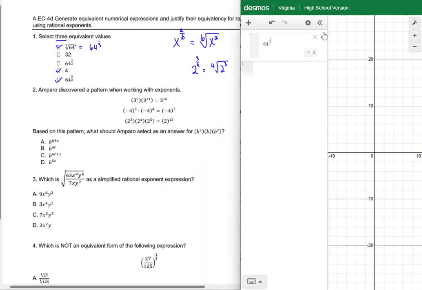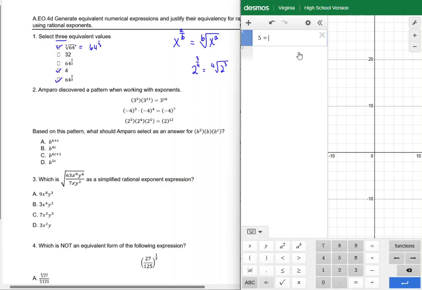That's where this 16 came from. As long as they have the same base, you can do this. And then they all have the same base of 2, so this is 3 plus 4 plus 5, which is 12. That's what that pattern is.